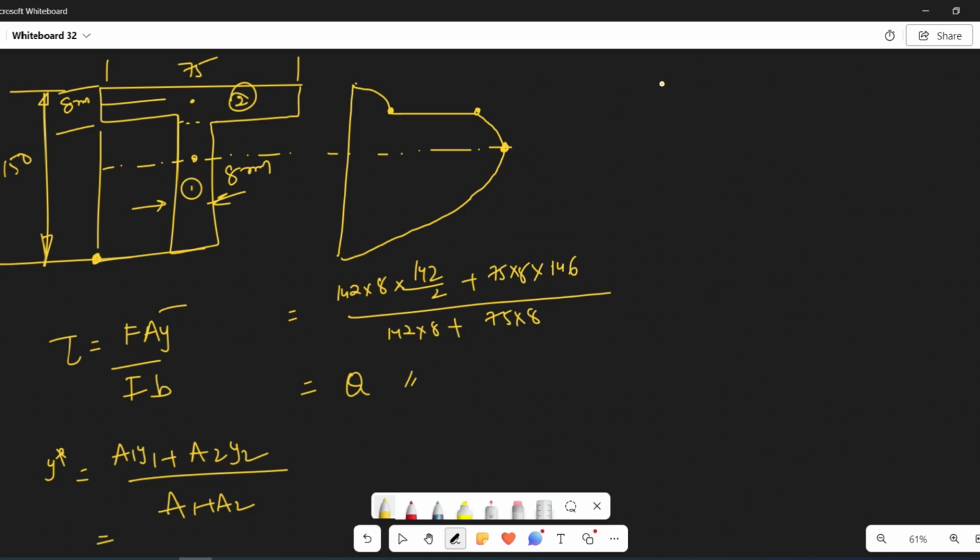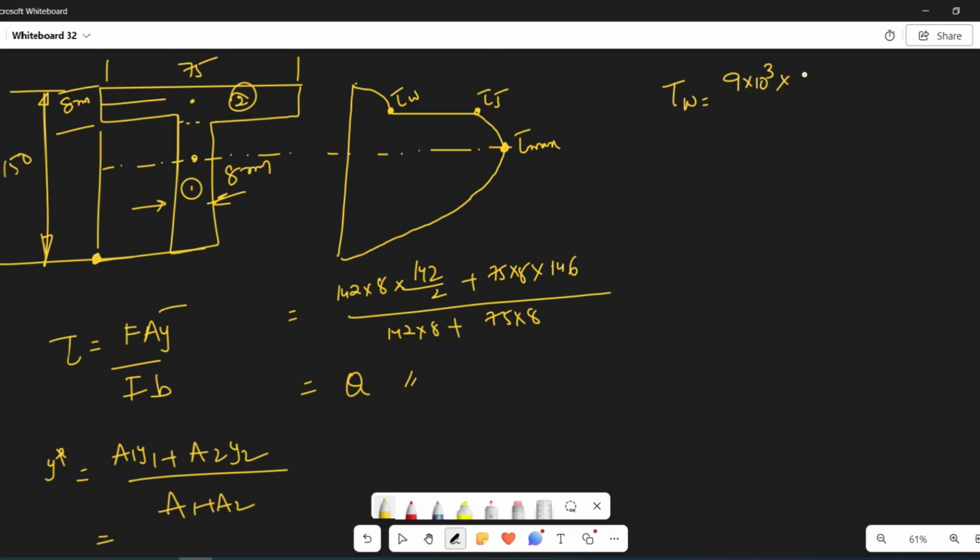It will be boring for you. Do the calculation. Let us say this is the web, but the juncture, tau max. Tau W will be given by F, 9 kilonewton all the time.